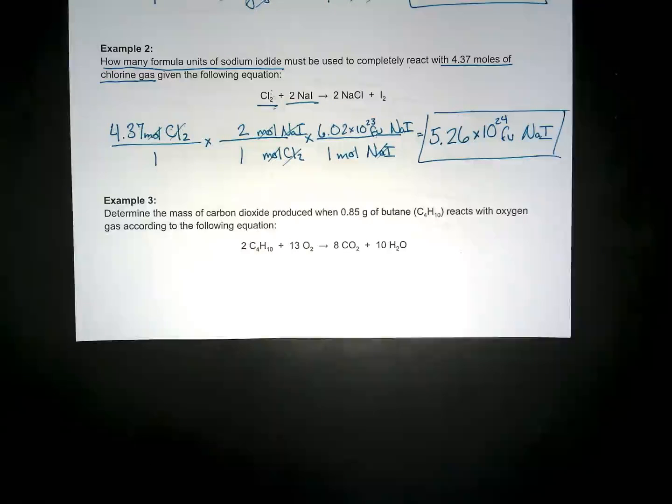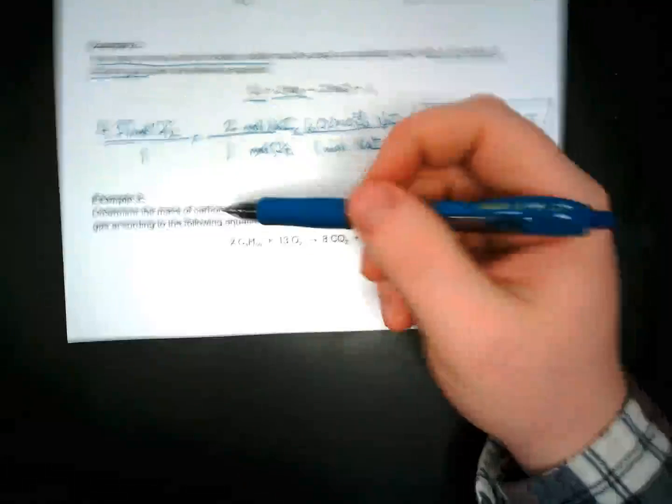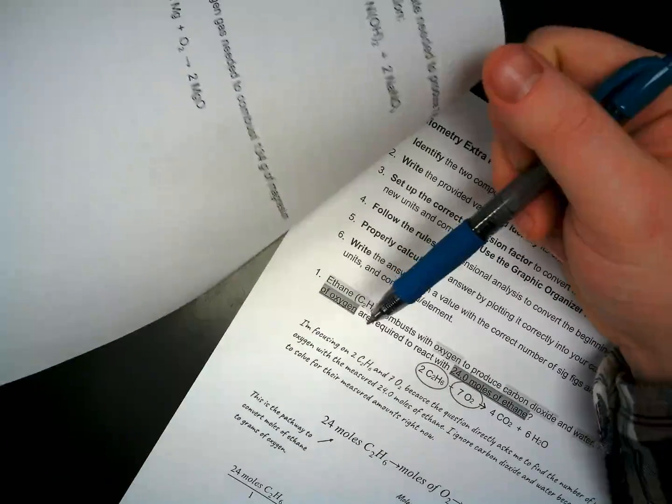Okay. So, again, it's just we're converting from one particular amount of substance to another. So I've walked you through these, and now I'm actually going to really push you guys. On a separate piece of paper, I want you to do example 3. I want you to do examples 4 and 5 on your own.